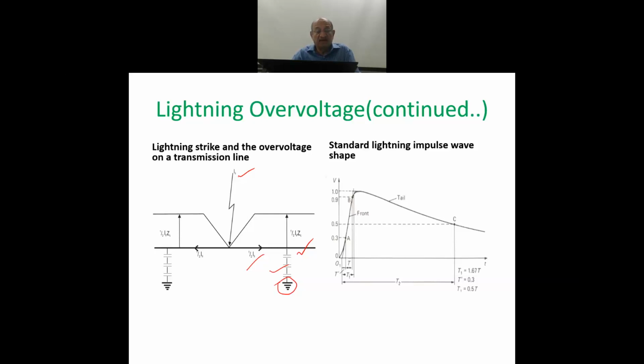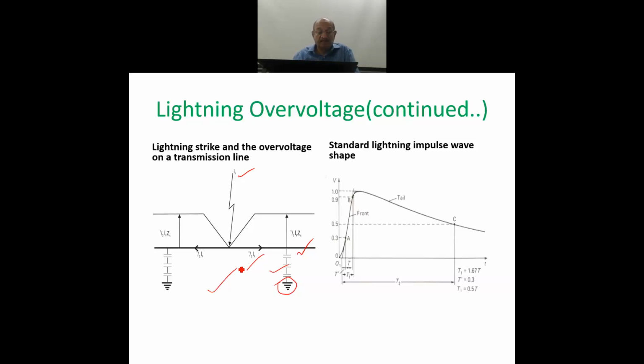This overvoltage doesn't stay there. It is superimposed on the power frequency voltage of the conductor, and this impulse overvoltage travels in either direction, as you can see in this diagram.